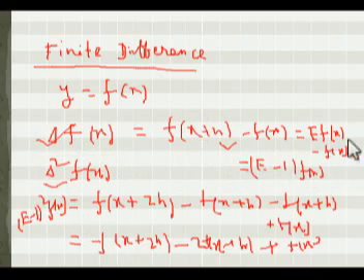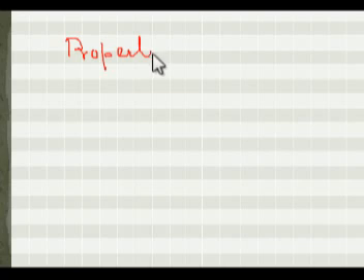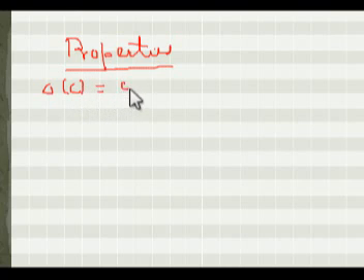Now some properties of the finite difference operator we will study. Properties are important, there are 12 properties. For any constant function, if the function's value is constant, the forward difference operator is equal to 0. Very easy to prove.